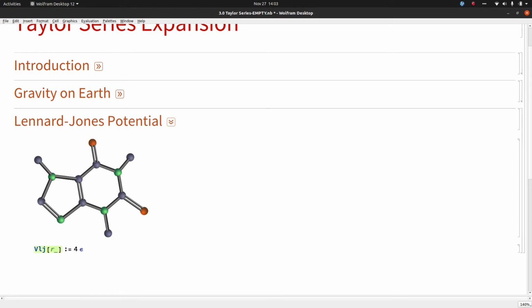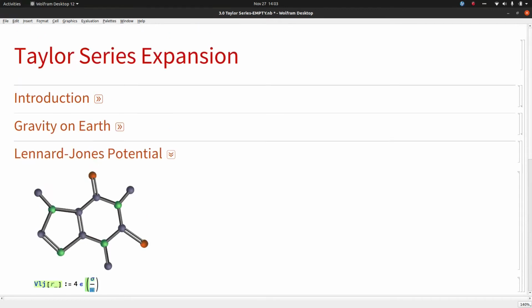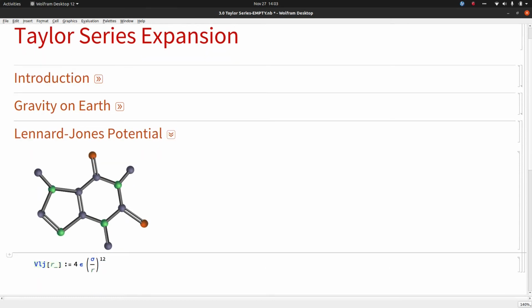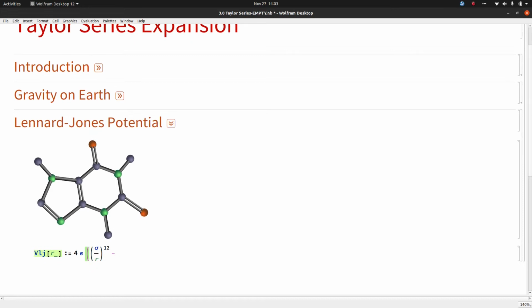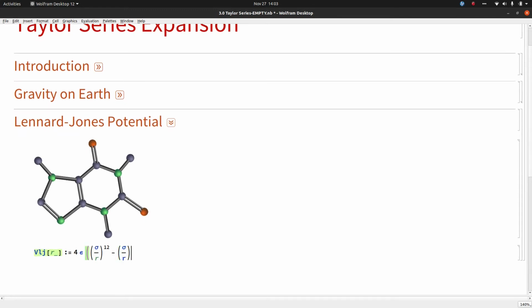And we're going to write that as 4 epsilon times sigma over r, and we're going to take that to the 12th power. And then we also have another term that is sigma over r to the 6th power.